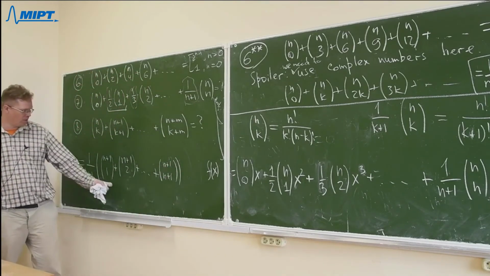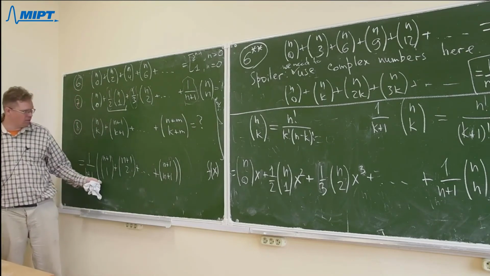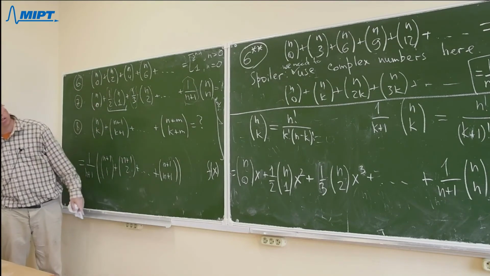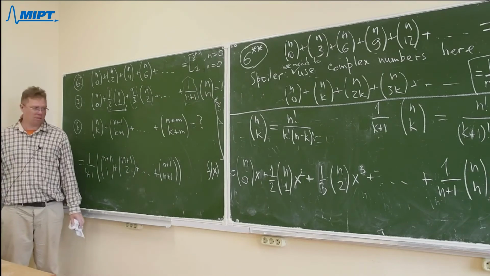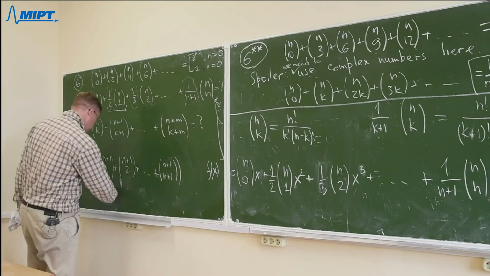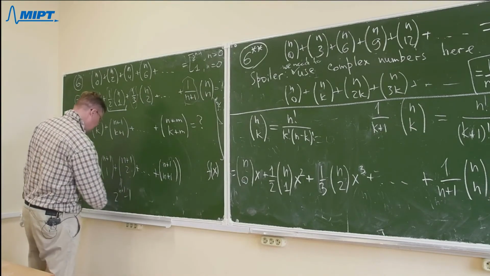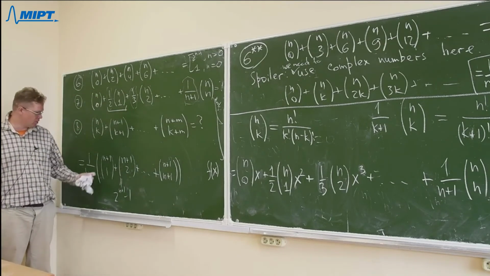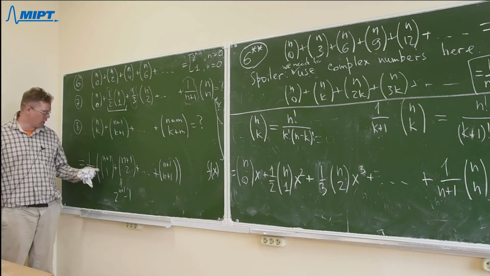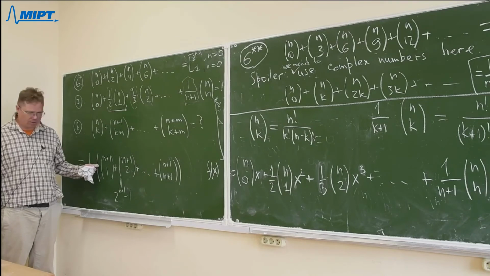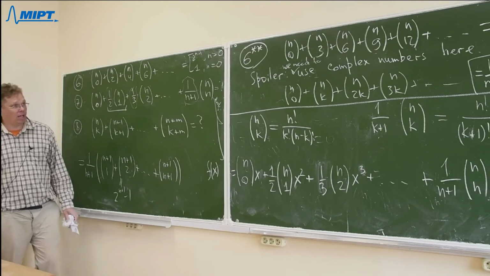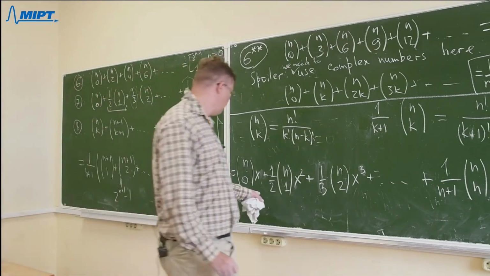I think you can all calculate this one. It's similar to the third identity, and this is just 2 to the n plus 1 minus 1, because we don't have the first element here.